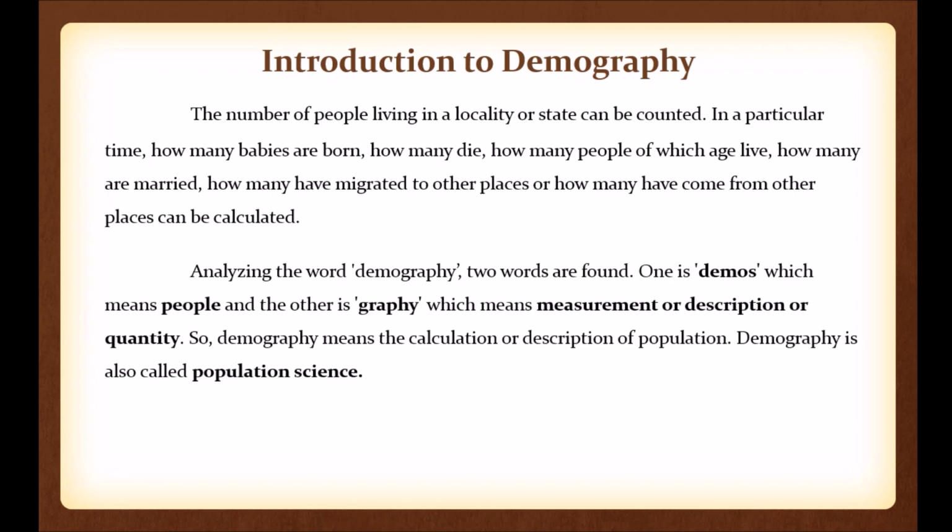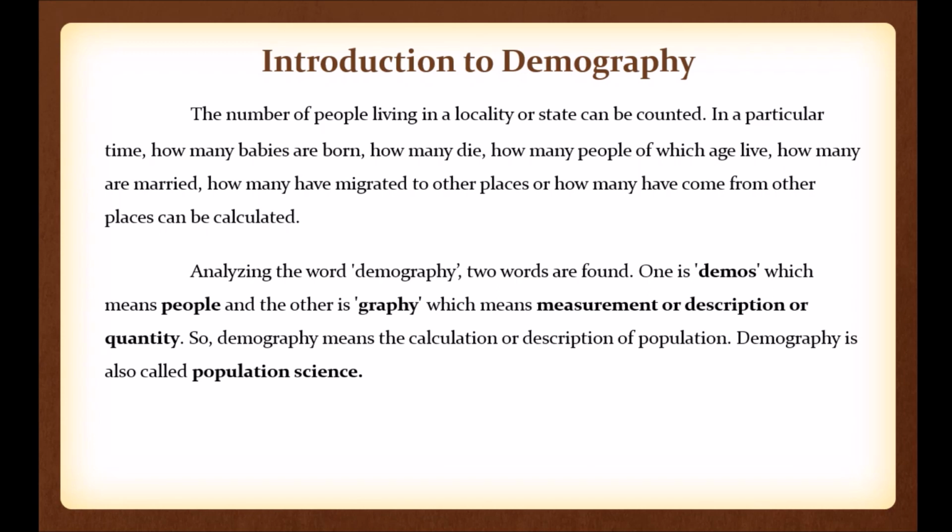Then, analyzing the word demography, two words are found. One is demos, which means people, and the other is graphy, which means measurement or description or quantity. You can say either of them or whichever one you like. So demography means the calculation or description of population. Demography is also called population science.